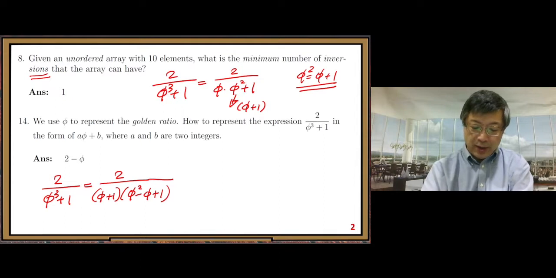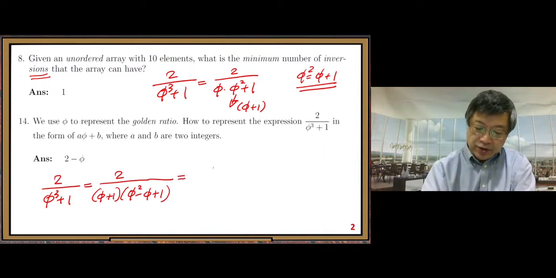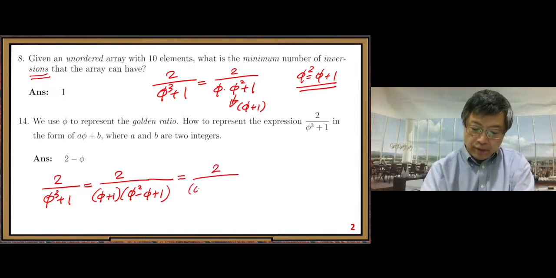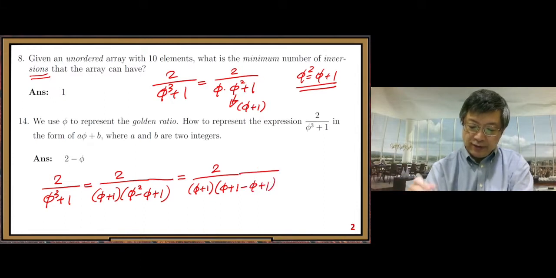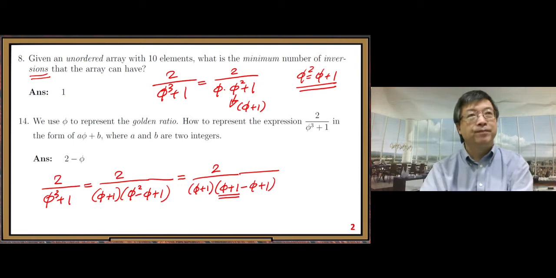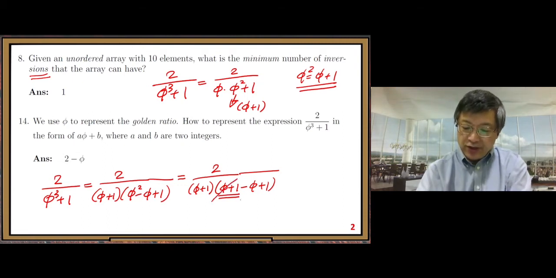So here, we use this formula, phi plus 1, but this time, phi square, we know, equals phi plus 1 minus phi plus 1. So replace phi square by phi plus 1. In this way, cancellation, right? 1 plus 1, 2.